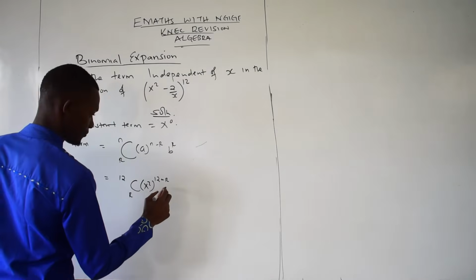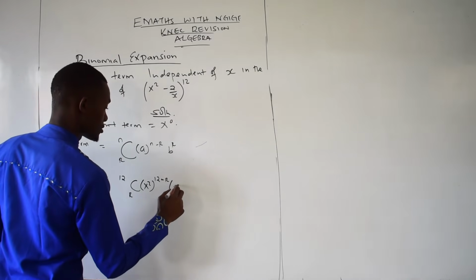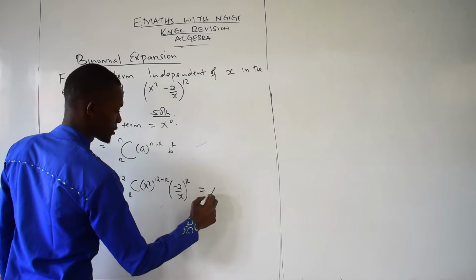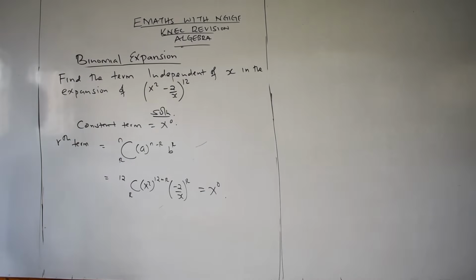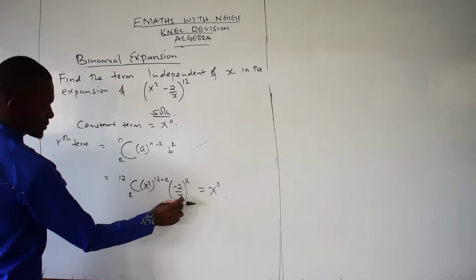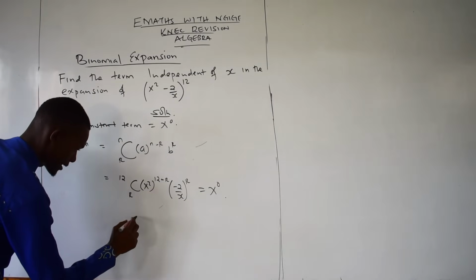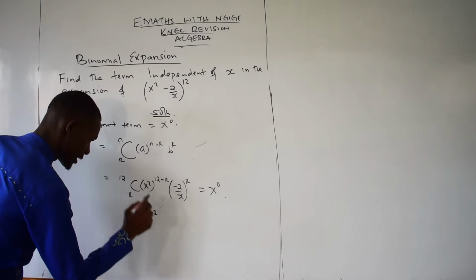Then you have minus 2 over x, raised to power r. This will give you again x to power naught, or x to power 0. Again, we take the terms that are dependent on x. So we shall have x squared to power 12 minus r.